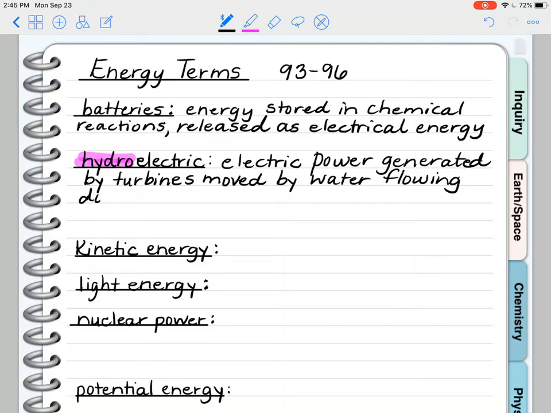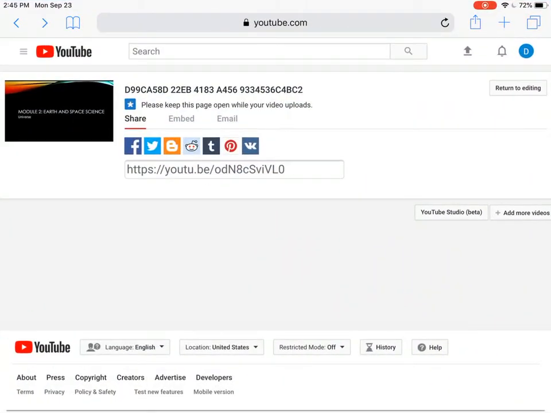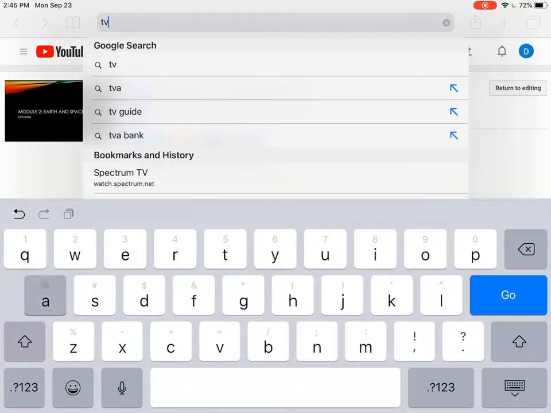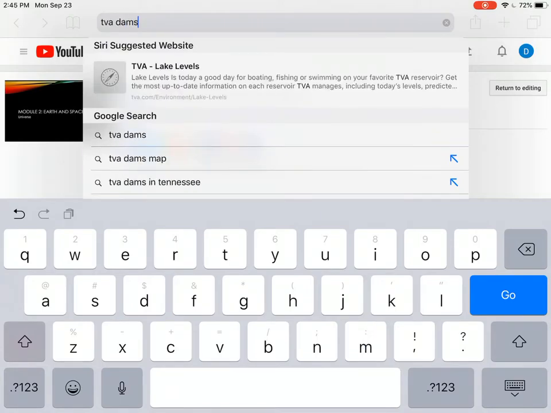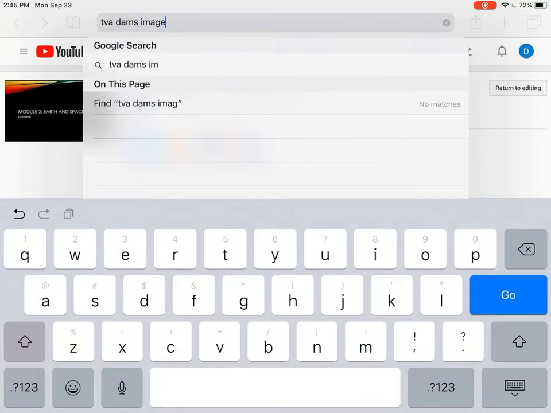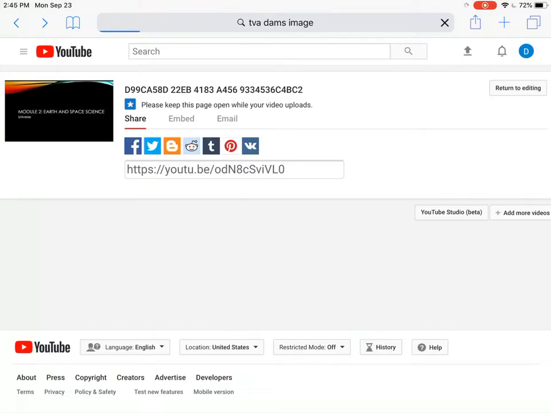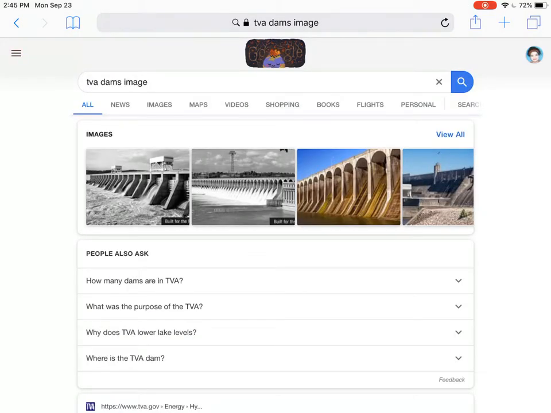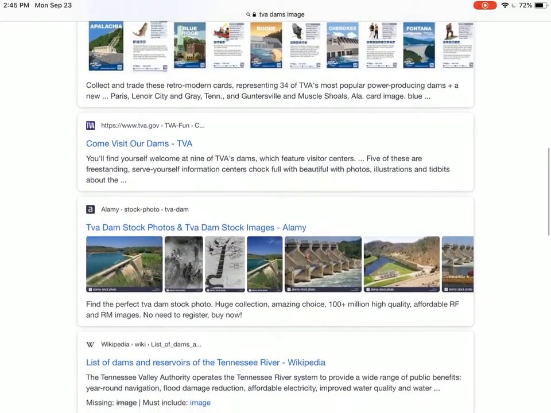If you are familiar with the TVA system of dams, you are familiar with hydroelectric power. TVA built a series of dams along rivers to provide hydroelectric power to lots and lots of people.